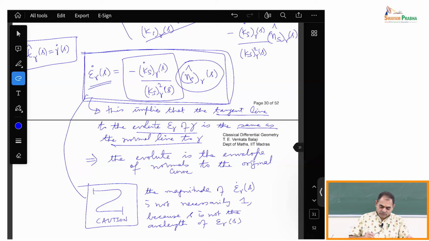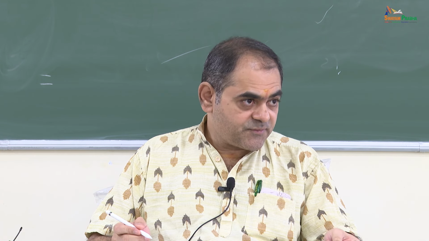So this is a very, very important thing. Whenever you work with the evolute, don't directly apply the Frenet-Serret relations. Mind you, when you apply the Frenet-Serret relations, you can apply them only to a curve that has been written with respect to unit speed parameters. So that's a point that you have to watch out for.